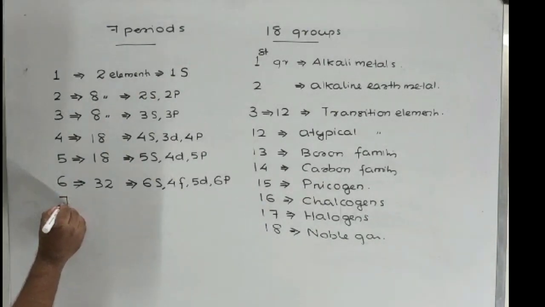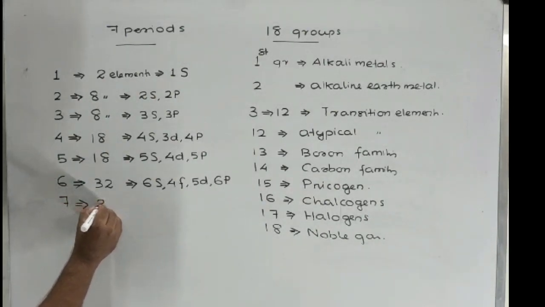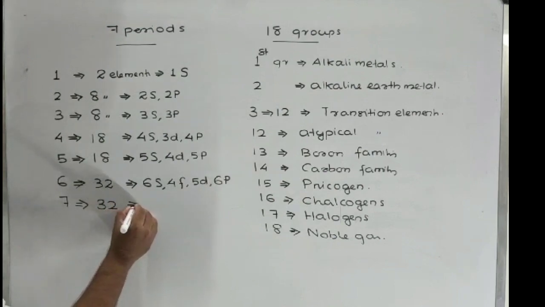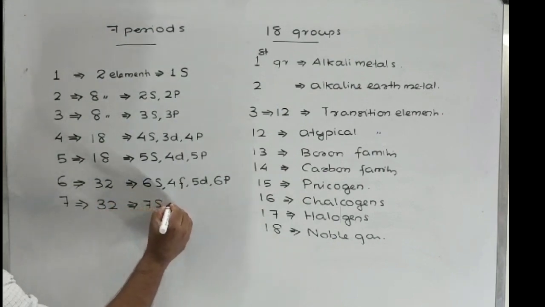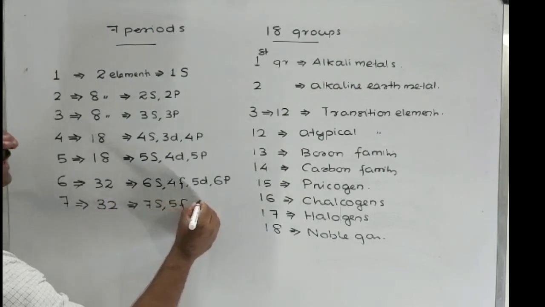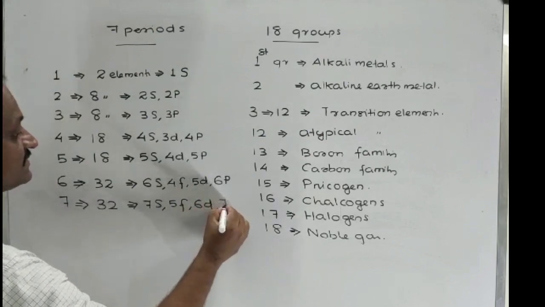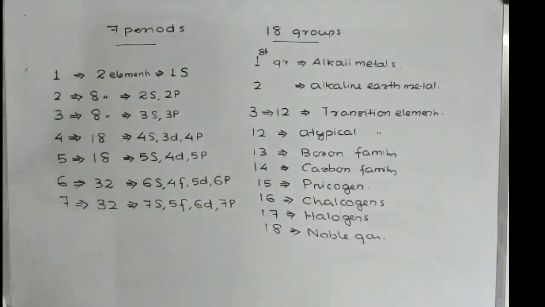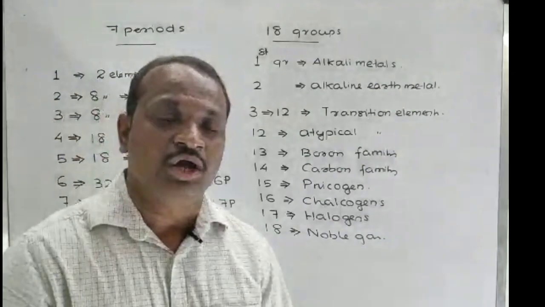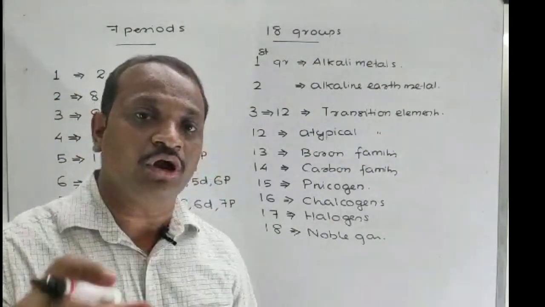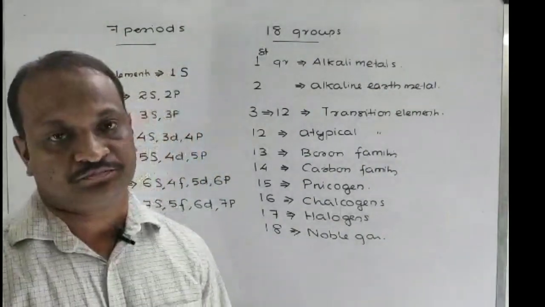Similarly, for the seventh period also you can accommodate 32. So we have 7s, 5f, 6d, 7p. So this is a summary regarding groups and periods of our long form periodic table.